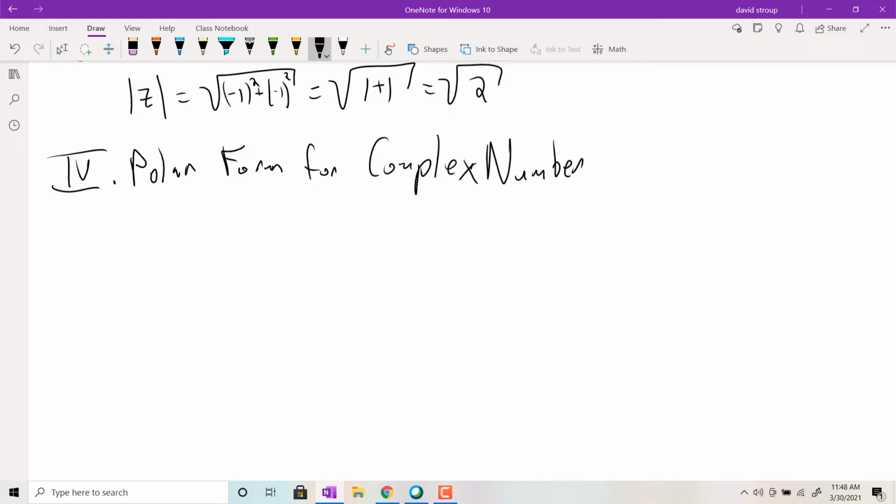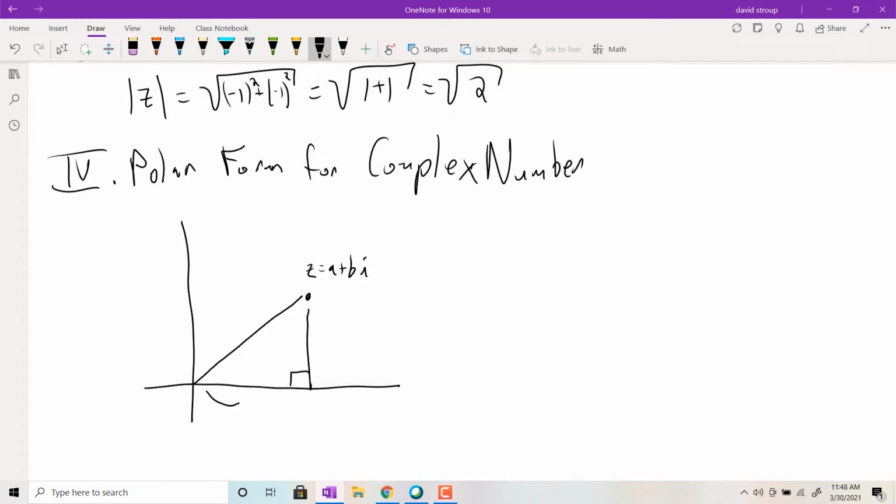Okay, so anyways, let's look at the complex plane and put a point here. And we can just give it a plus bi if you wish. So let's say this point z is a plus bi. So this distance here is a, this distance here is b, and then r is the absolute value of z, of course.